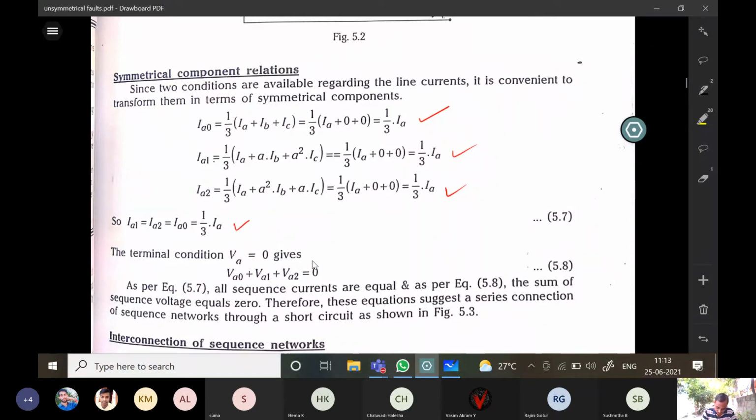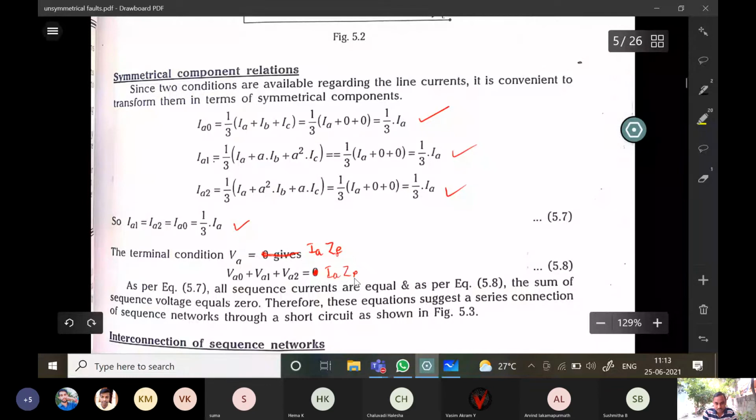Then the terminal condition VA, in this case, is not 0. So we have written that VA is equal to IA into ZF. So this gives VA0 plus VA1 plus VA2, which is not 0, is equal to IA into ZF. These are the modifications we are writing.